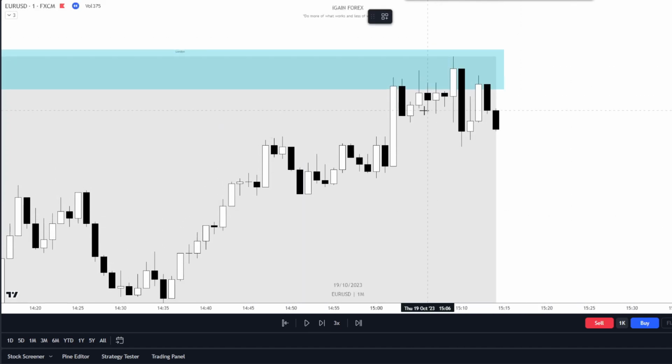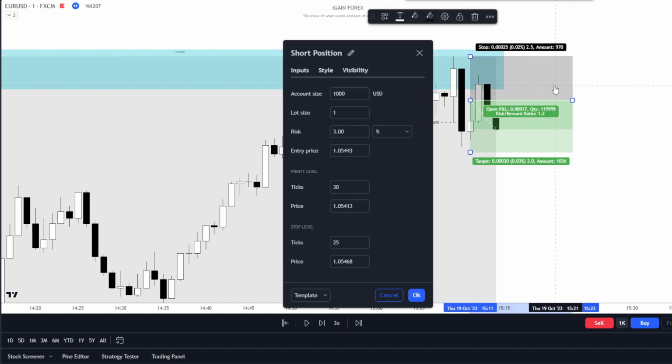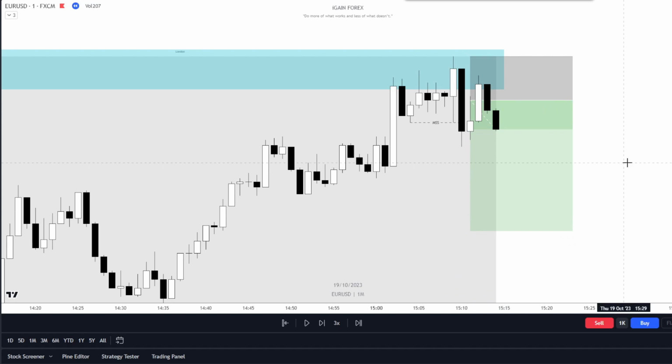Okay, so as we can see here, guys, we have this market structure shift, right? So as a retail trader, we can enter at this area since this is a bearish engulfing. Some traders will put this as their entry, or let's say find a target around this area, 1:3. There.